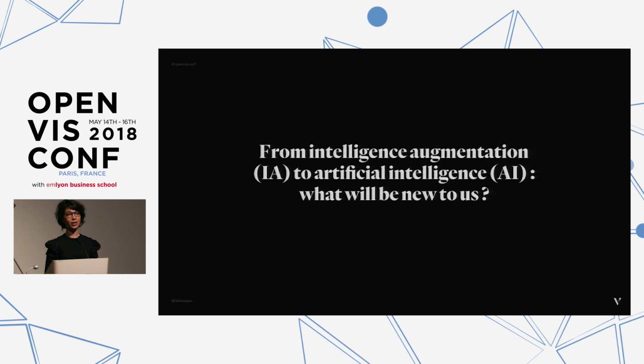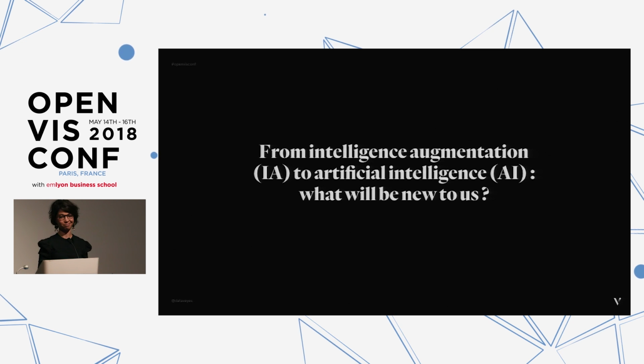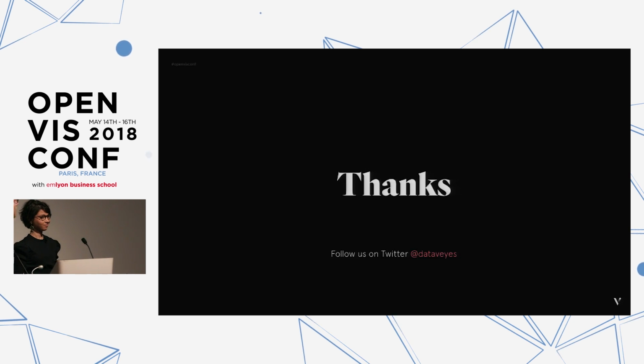But we don't know what our job will look like. Probably it won't be the same kind of interactions. Probably it won't be the same kind of data visualization. And we hope we can come back in a few years and share with you what we will have found on this subject. So I hope it could be possible. Thank you.